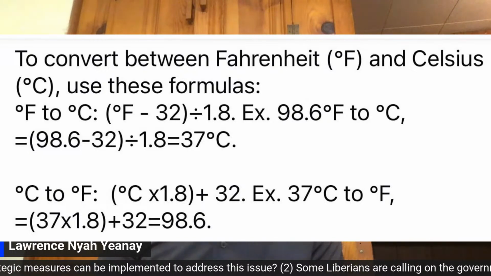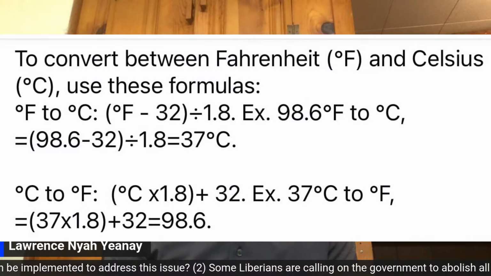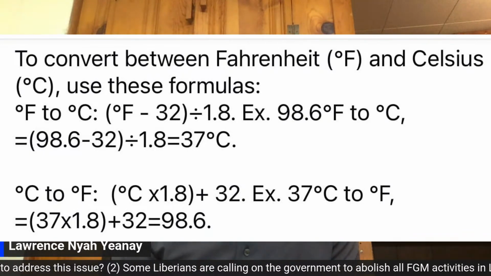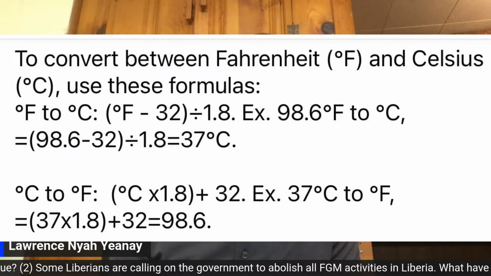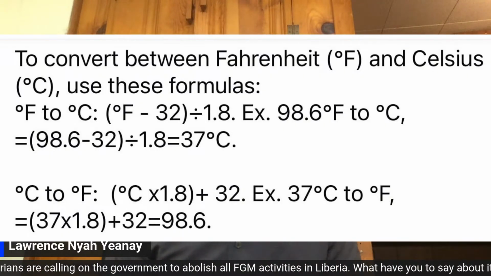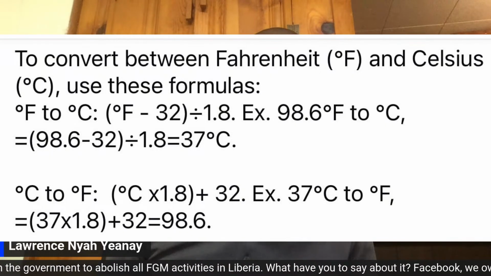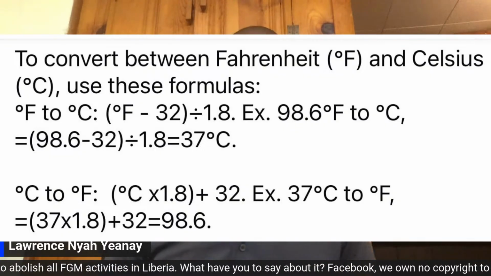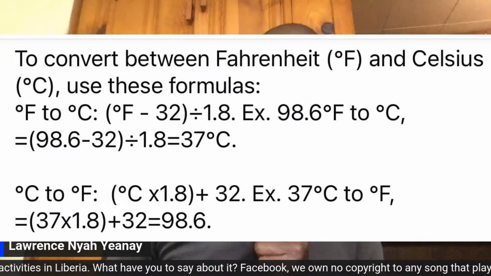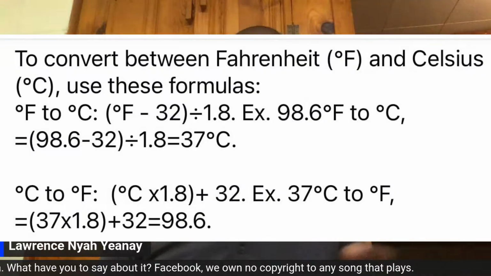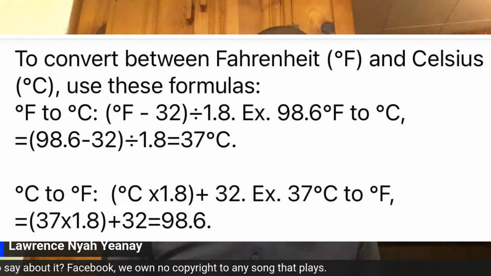Right there, you finish getting your answer. So this is your answer. That's how we got 37 degree C here. Yeah, so it's very simple. Whenever you change from degree F to degree C, subtract 32 and divide by 1.8.